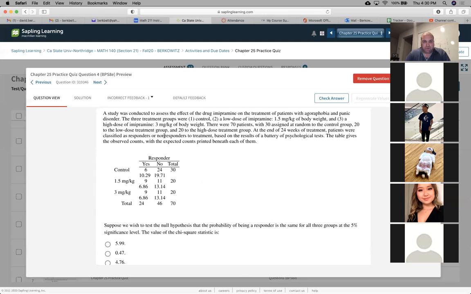The table gives the observed counts as well as the expected counts. Let's just confirm the 10.29 is correct. How would I get the expected count for this cell? What would I do to get the expected count for that cell? Who remembers?